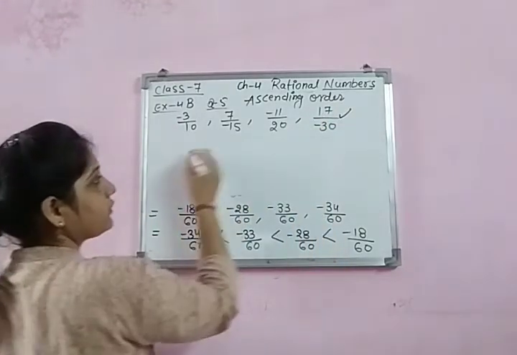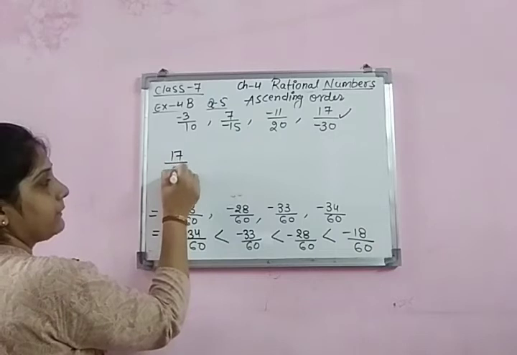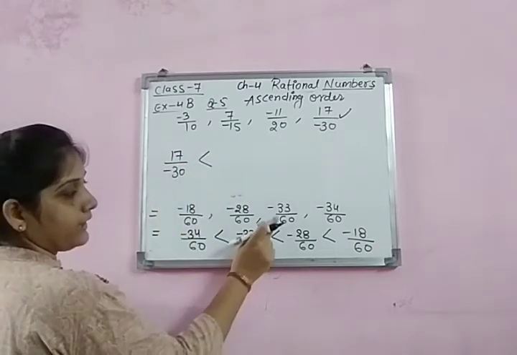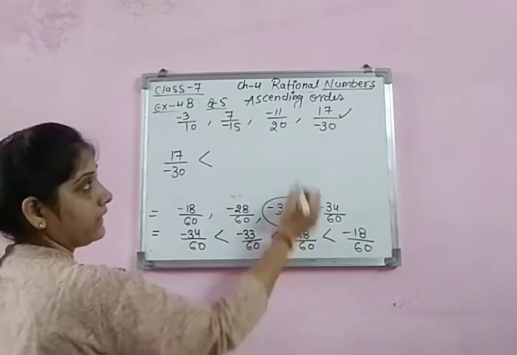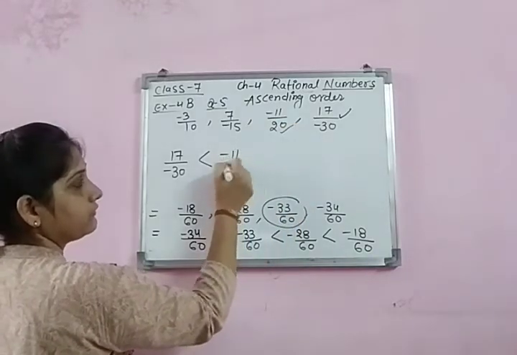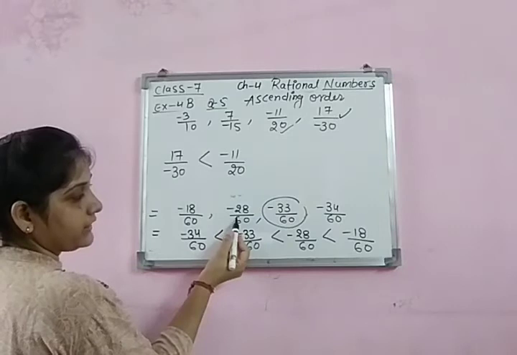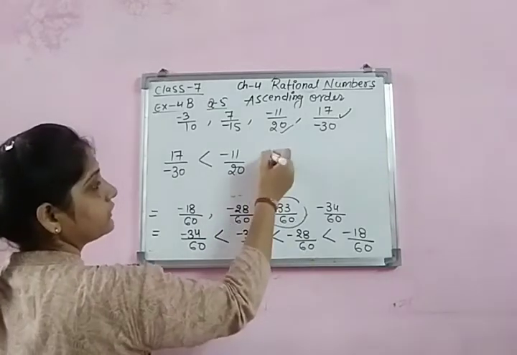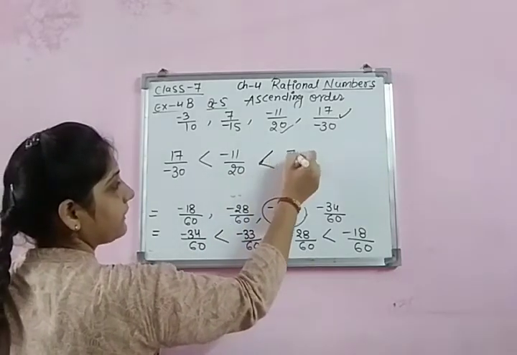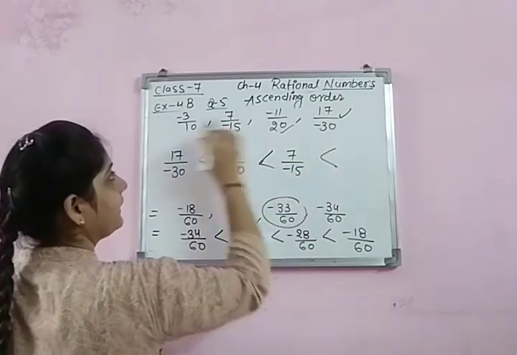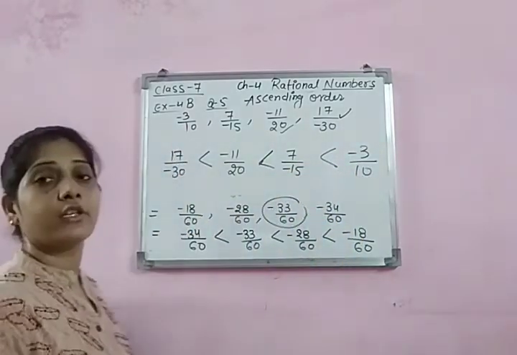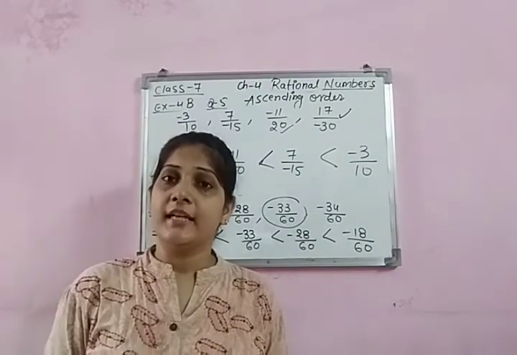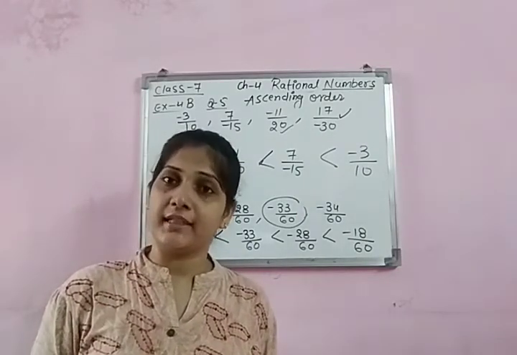So this is the last one, 17 by minus 30. Then we have written the third position number. Then we have written the second position number, so 7 by minus 15, and then the first one. So this is the correct ascending order in the form in which the question is given to us.